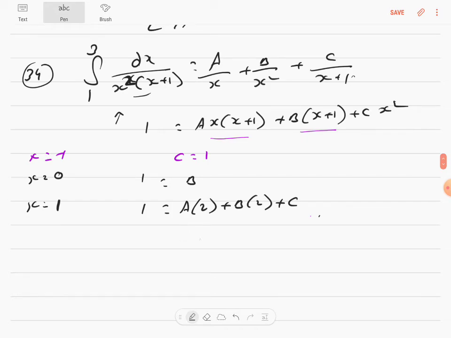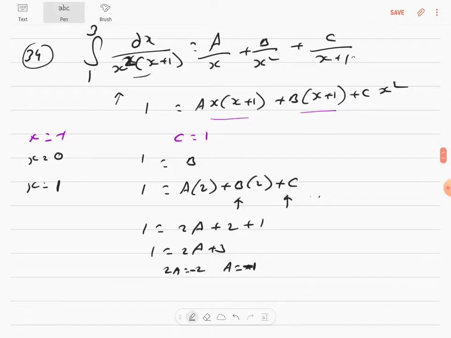So if you know that b is 1 and c is 1, 1 is equal to 2a plus 2 plus 1, 1 is equal to 2a plus 3, and 2a is equal to minus 2, and a is equal to minus 1.